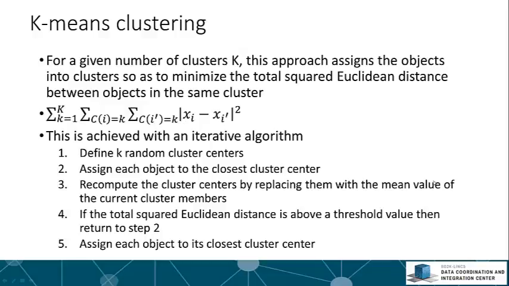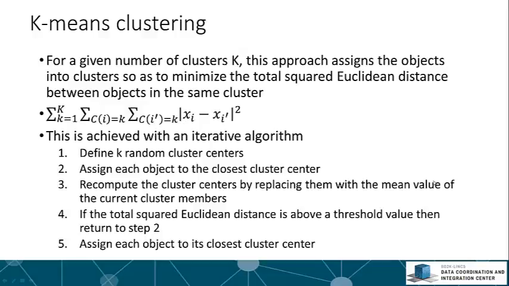Then we recompute the cluster centers. We shift them by taking every object that is associated with each individual cluster center and averaging them. And this gives us a new position for the cluster center. We then add up all the distances of each object to its cluster center.